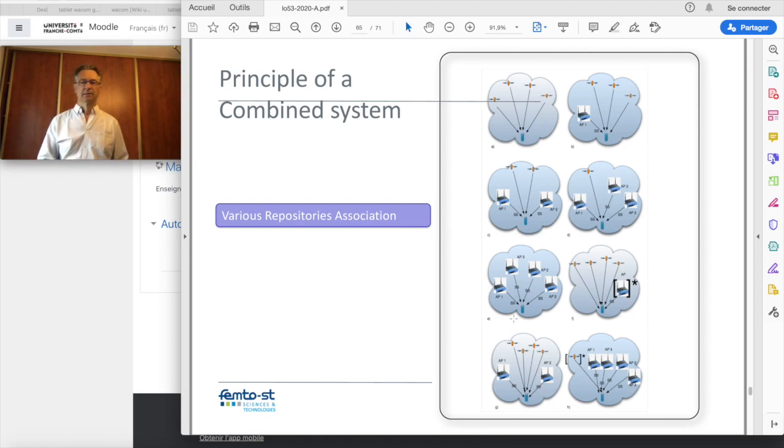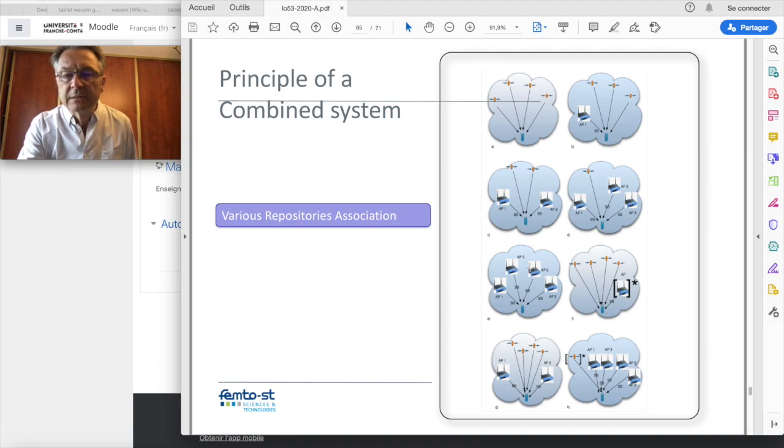So this is a drawing where you can see here a fully outdoor location system using only satellites. And maybe here we have only a Wi-Fi system in order to compute a position.